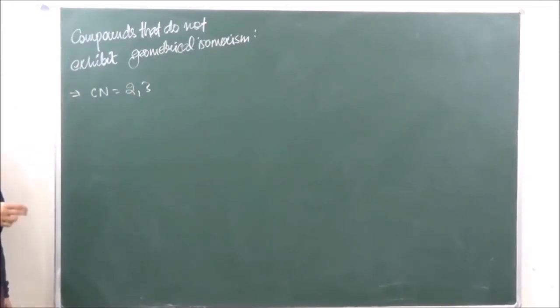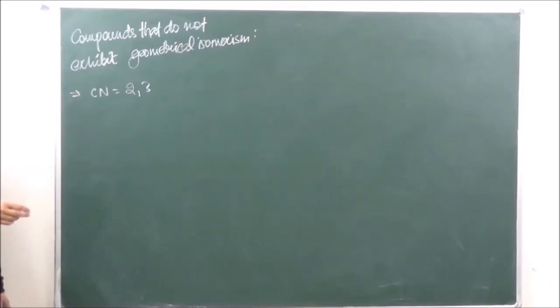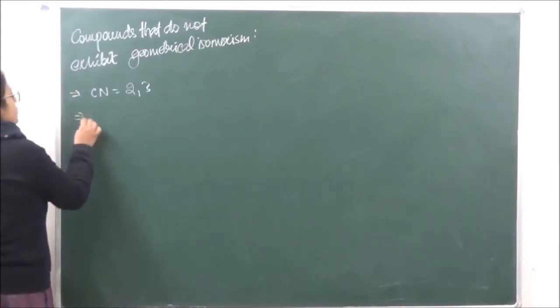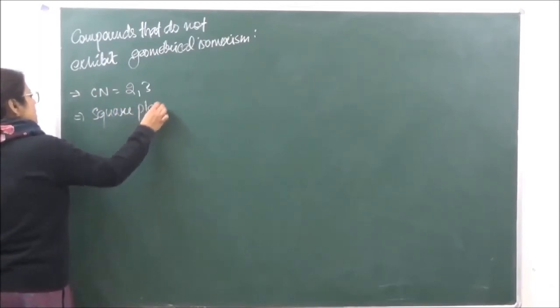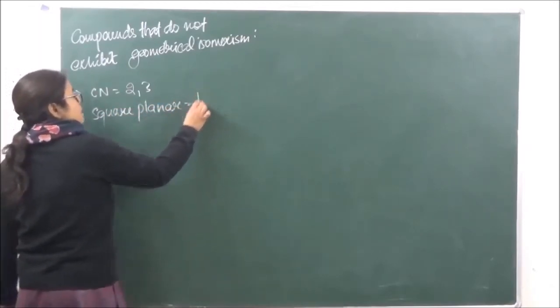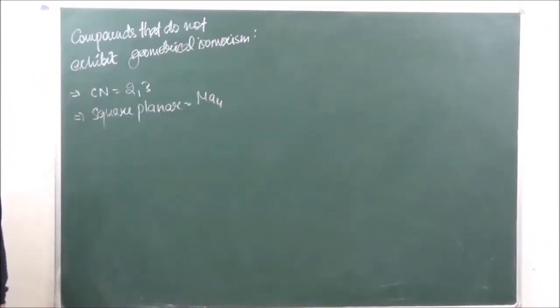Okay, so all those which are going to have coordination number of 2 and 3, they will not show geometrical isomerism. Then number 2, square planar complexes of the type Ma4 having all 4 same ligands.